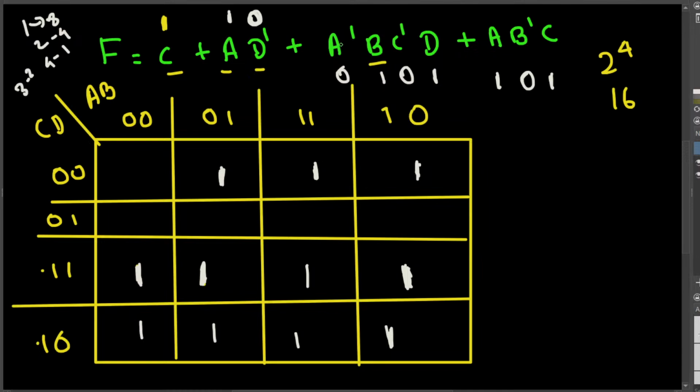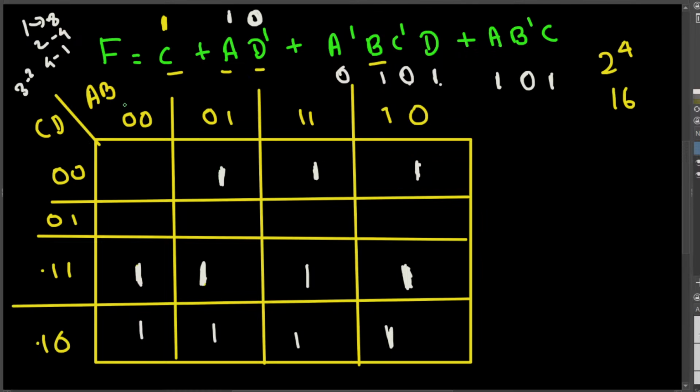Let's look at this one: A is 0, B is 1, C is 0, D is 1. A is 0 in these 2 columns, B is 1 right here, and C is 0.